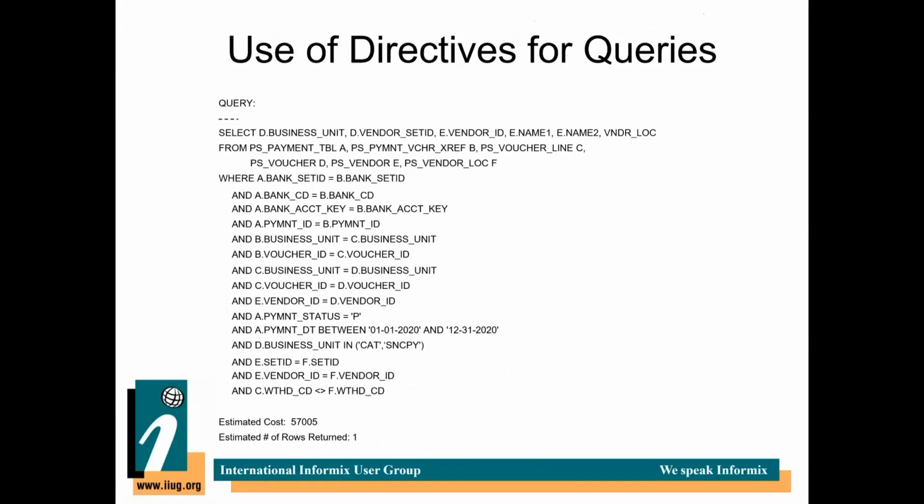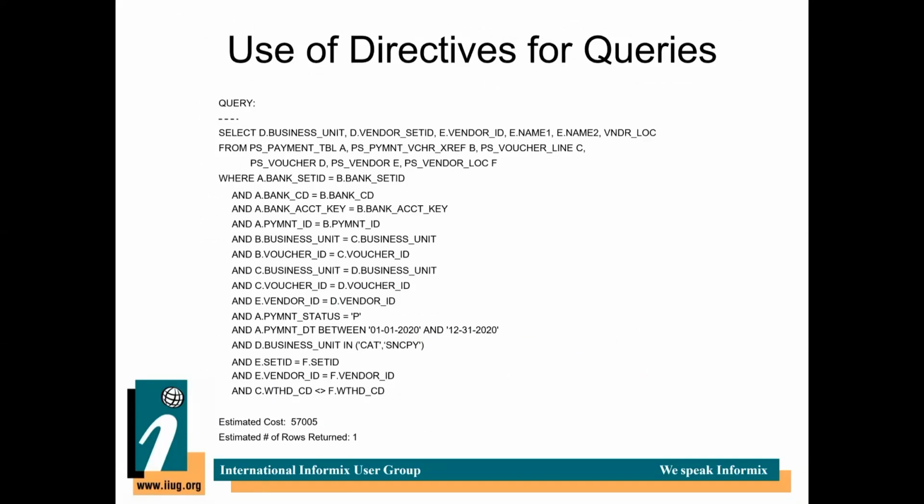And here's the use of directives for the queries. In this case, I was trying to tune the SQL statement to get the results I wanted, but any combination of changing things, adding indexes, and so forth wasn't working.